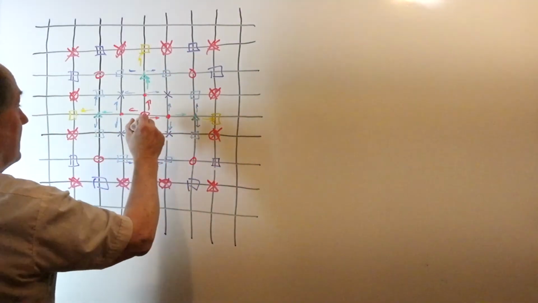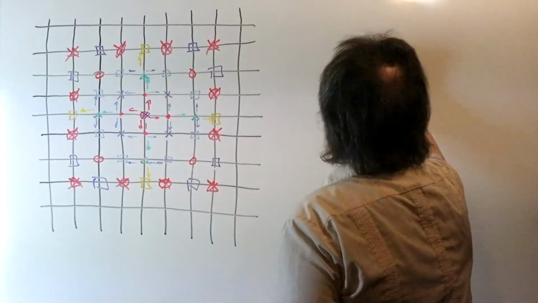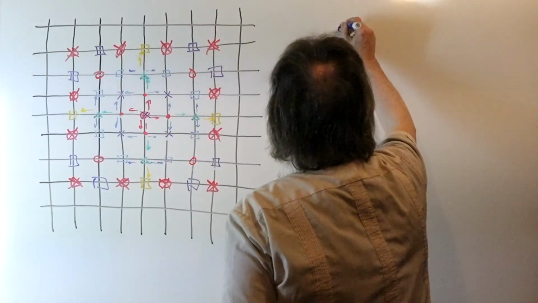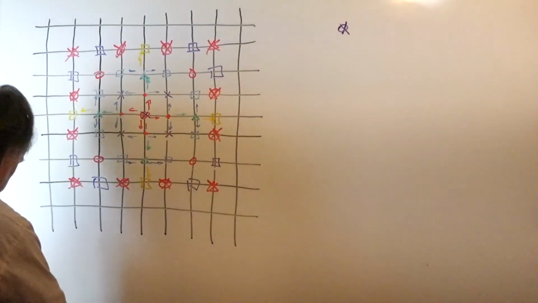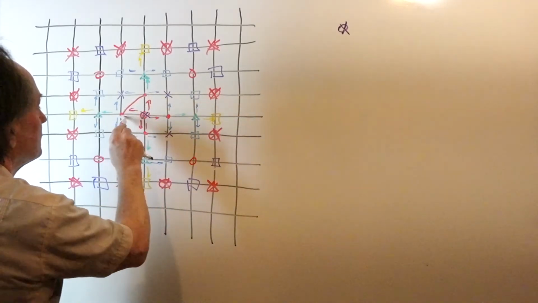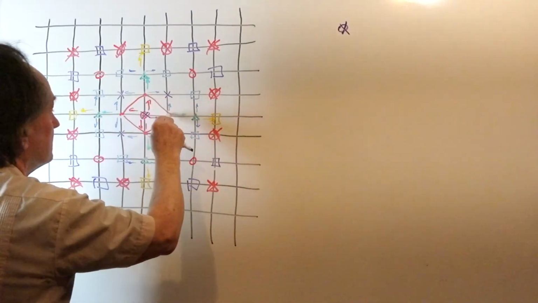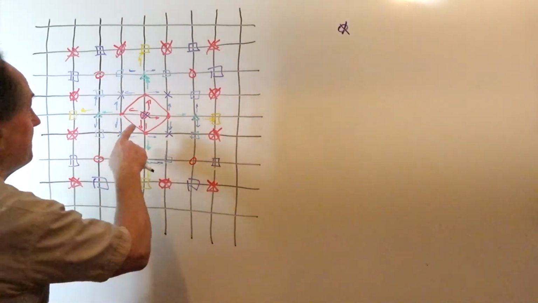So let's start here. We're injecting our current on this particular node. We can connect these points here with a short. So what we have are 4 resistors in parallel.